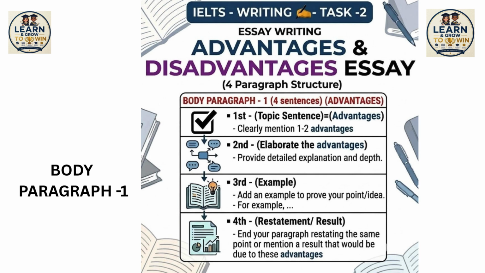Therefore, even here, we first develop a topic sentence for the first body paragraph, mentioning 2 or 3 advantages. Then, you can move on to writing the other sentences. In your second sentence, you can elaborate on these advantages that you have mentioned above in a detailed manner with more explanations.